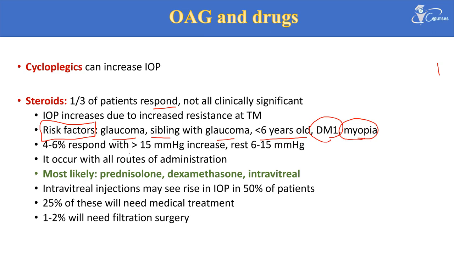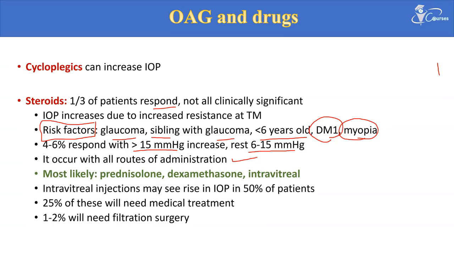4 to 6% respond with an increase of more than 15 millimeters of mercury, and the rest, like 85%, will only increase by 6 to 15 millimeters of mercury. It occurs with all routes of administration: systemic, oral, topical, intravitreal, periocular, subtenon, inhalation.